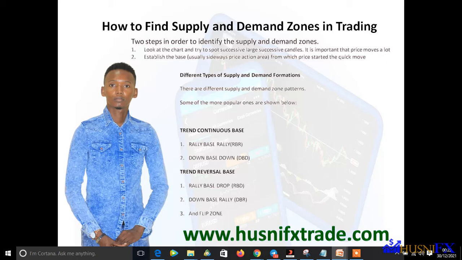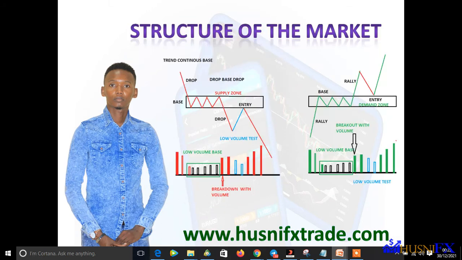These 5 things include the trend continuation bases and also the trend reversal bases. They are the most popularly used in technical analysis when identifying the supply and demand zones. Let me illustrate it to you.